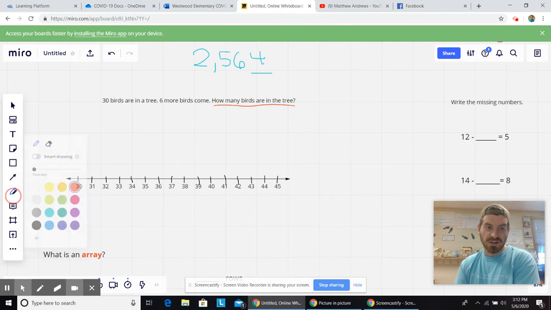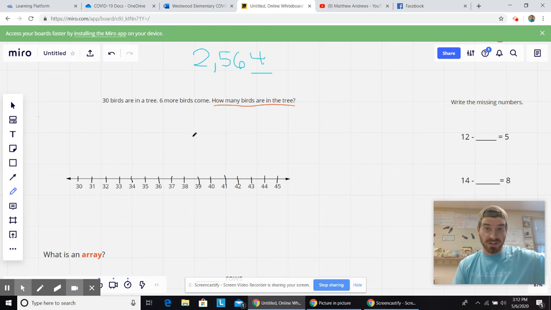So we started off our problem with 30 birds, which is why, remember, when you're using a number line to add, you're going to go this way, to the right. That's because your numbers get larger as they move to the right. So I could start with 30.